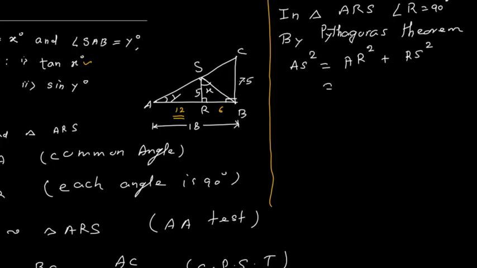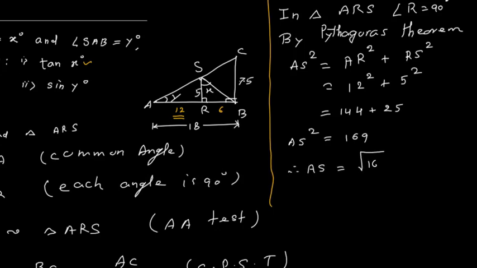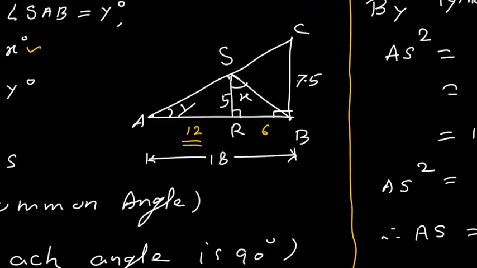The value of AR is 12, so this is 12 square, plus RS is 5, so 5 square. The value of 12 square is 144 and 5 square is 25, so this becomes 169. This is AS square. Therefore the value of AS is root of 169, which is 13.